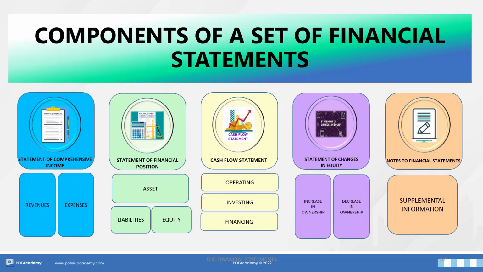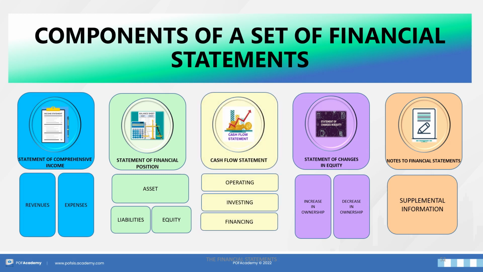To summarize the components of financial statements, we have statement of comprehensive income showing the company's revenue and expenses. We have statement of financial position which is categorized into three: assets, what the company owns, liabilities, what the company owes, and equity, what the company gets.